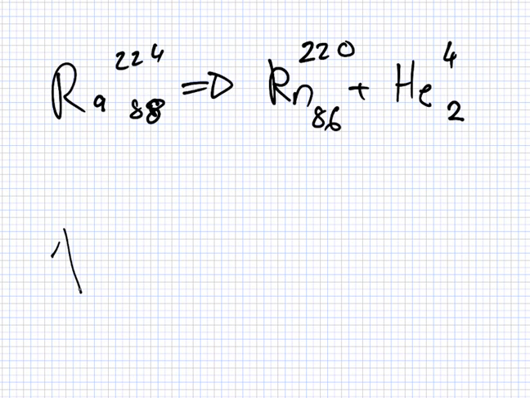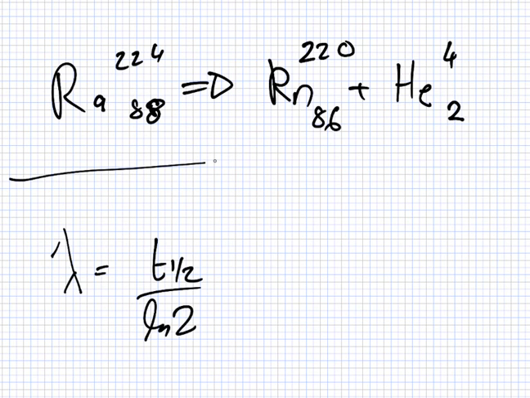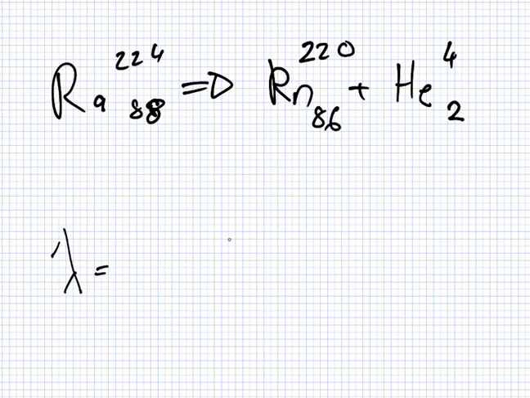This part is also very easy. The decay constant, the formula is in the formula book. It's log 2 divided by the half-life. Sorry, I wrote it upside down.